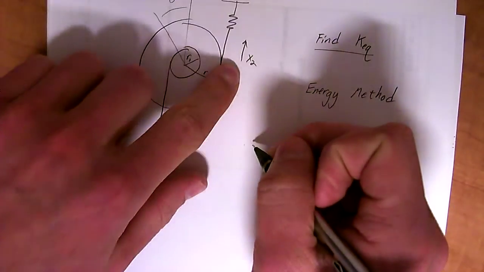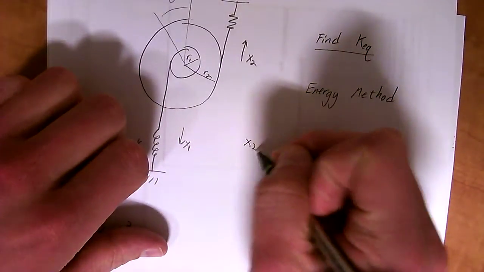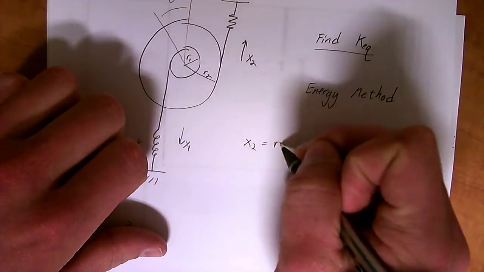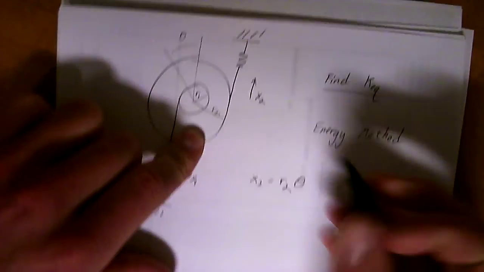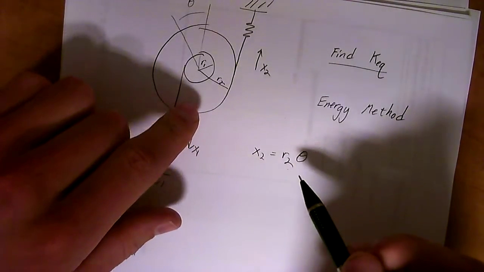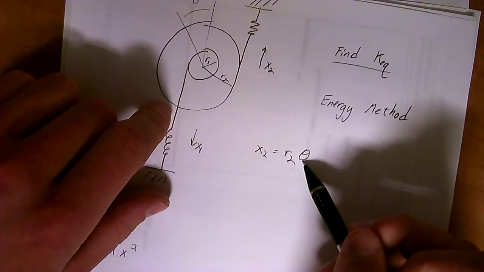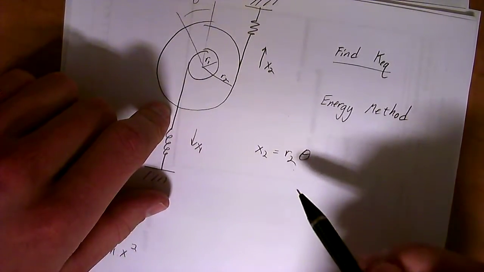Alrighty, so for the distance traveled by x2, x2 is equal to r2, the radius, times theta. We're doing this in radians, which is why this is just theta and r2.